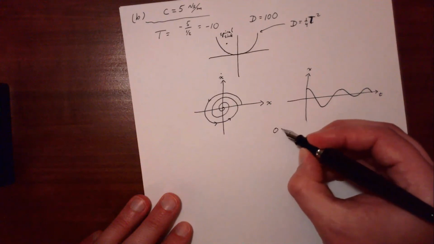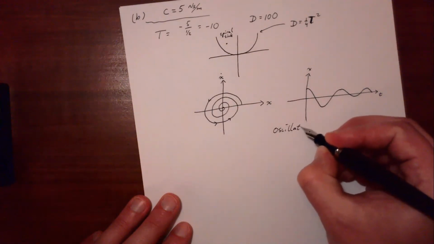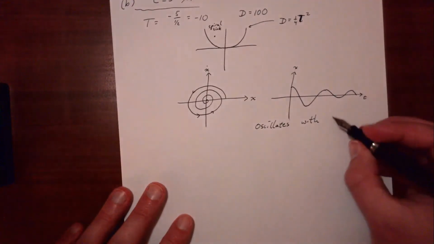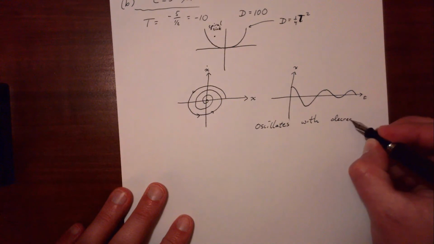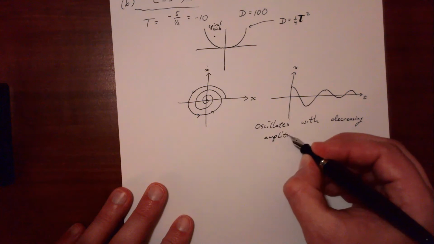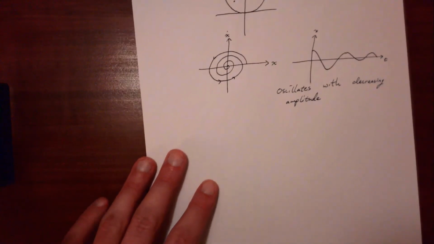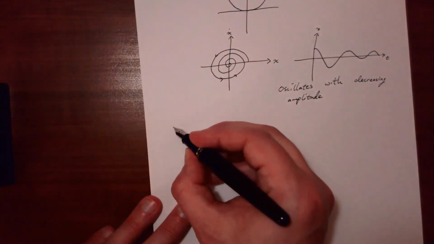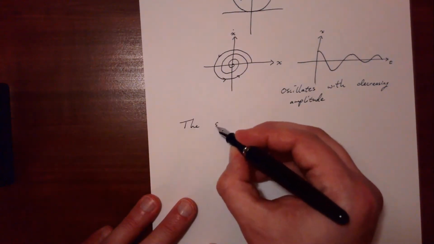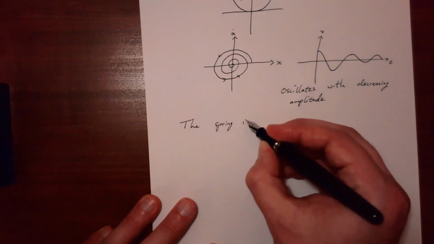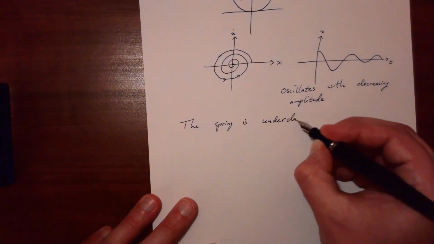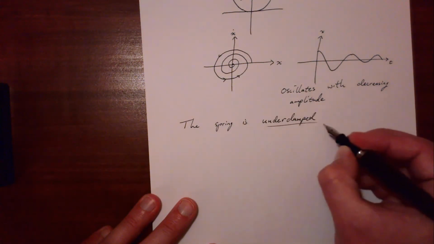So it oscillates with decreasing amplitude, and this situation is called underdamped. So the spring is underdamped.